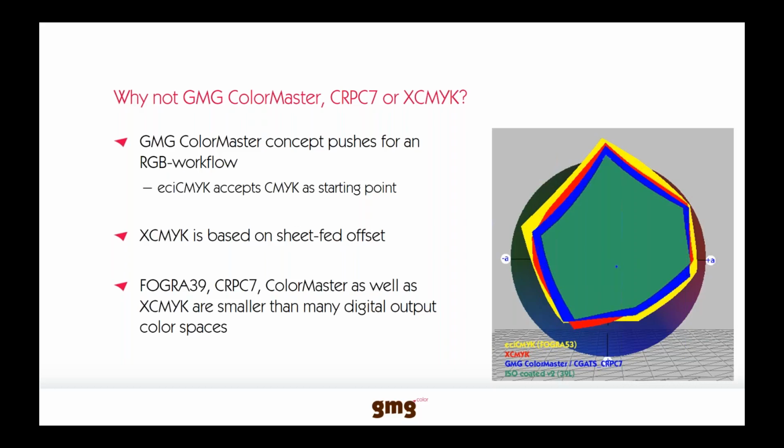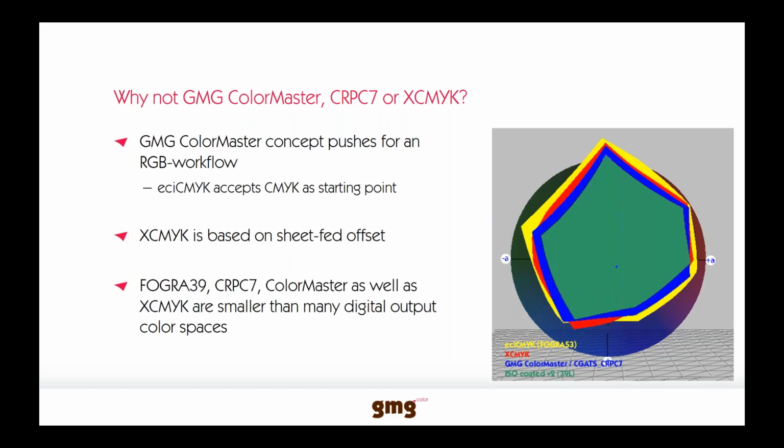The GMG Color Master, for instance, pushes for an RGB workflow, meaning the idea behind the Color Master concept is that all your image data is kept as long as possible in RGB. All the retouching is done in RGB, and just at the point where you go to your output condition, the final printing data, you convert your data to CMYK.